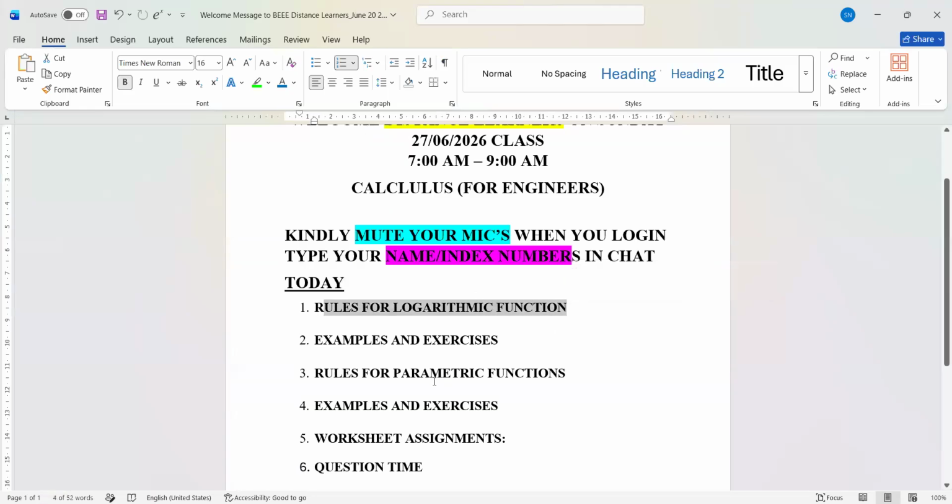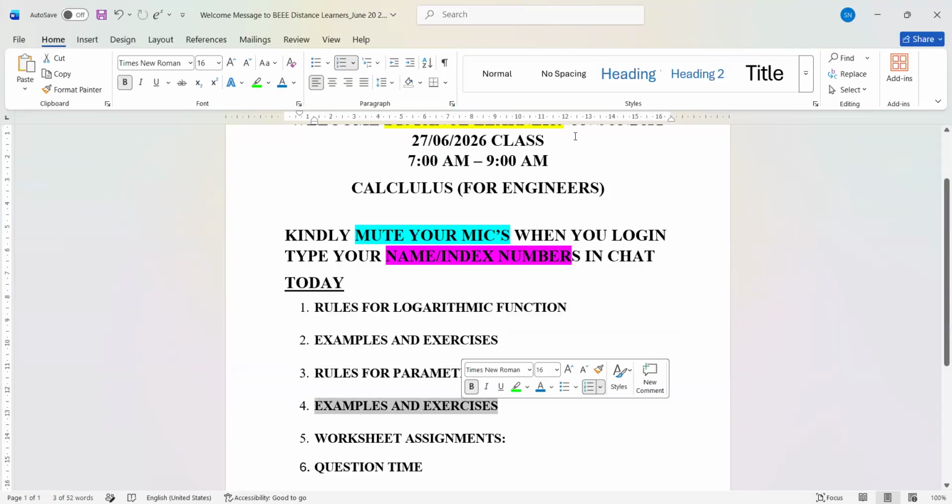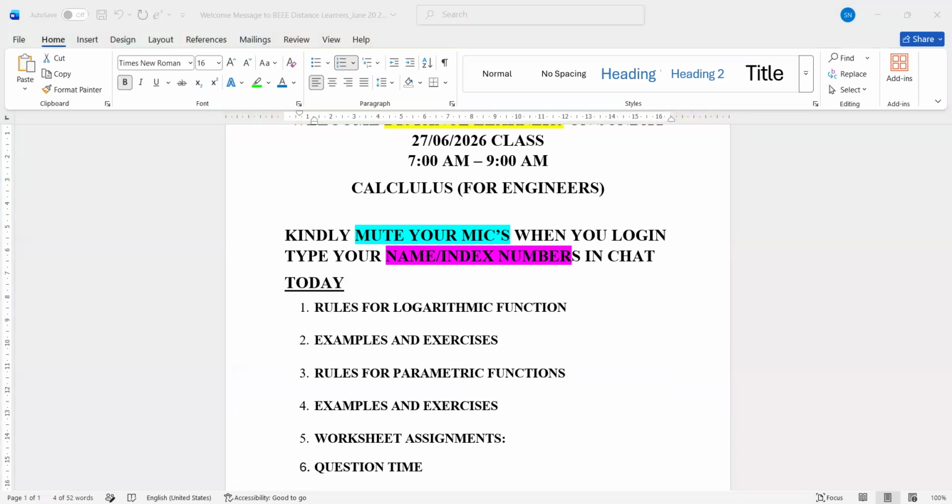It's a very simple rule, and then we'll do 1 or 2 examples. Then I'll show you the exercises. For parametric, I have not been able to finish typing in the PowerPoint, so I'll use a PDF file to do that. Then also we'll look at the exercises and examples in there. So that's the plan for this morning.